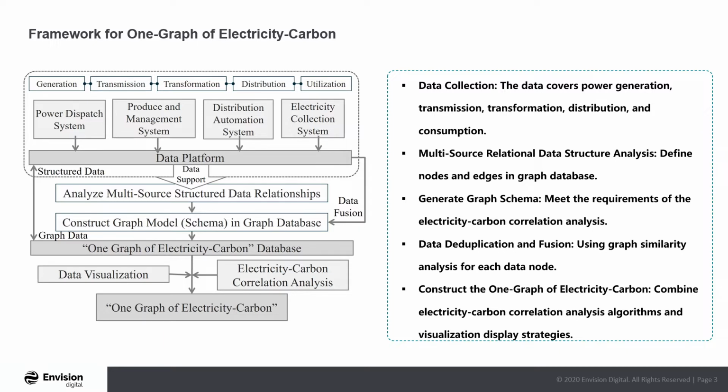Since the data provided by different information systems are redundant, load all the data into the graph database according to the built graph schema, and then perform graph similarity analysis for each data node to achieve data deduplication and fusion. This process is actually a process of transformation from relational data to graph data, which eventually forms the one graph database. Combining the electricity carbon correlation analysis algorithm and the visualization display strategy, the system is finally constructed.